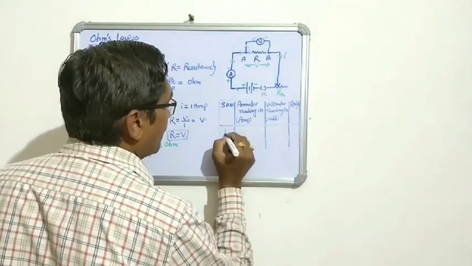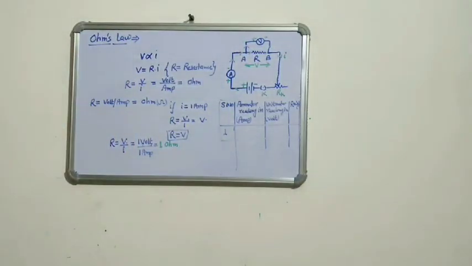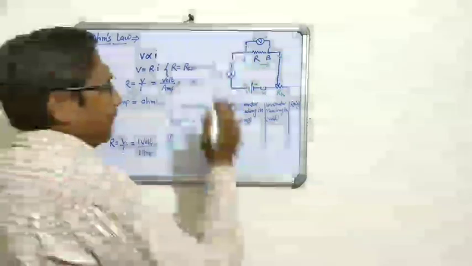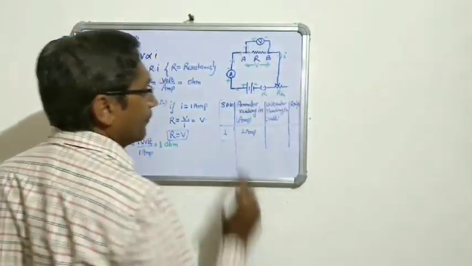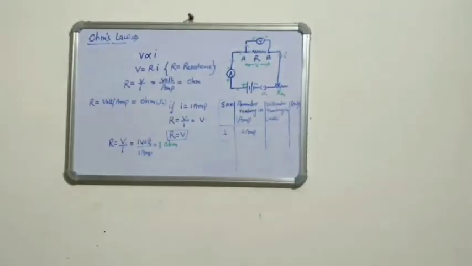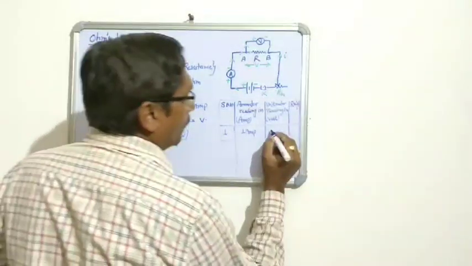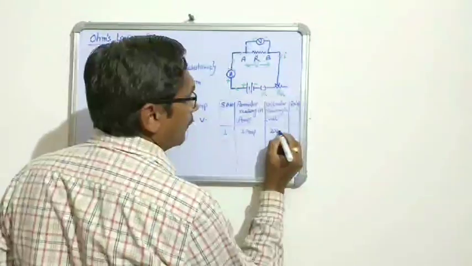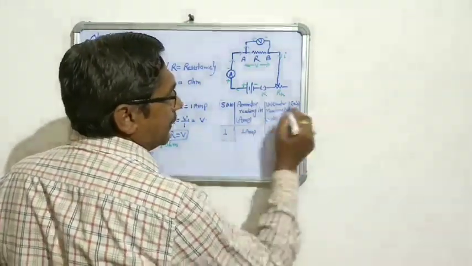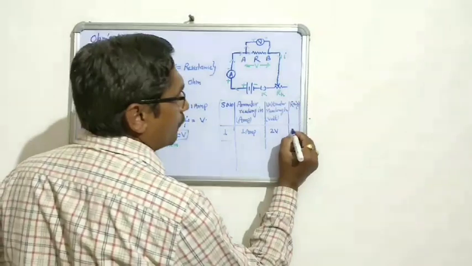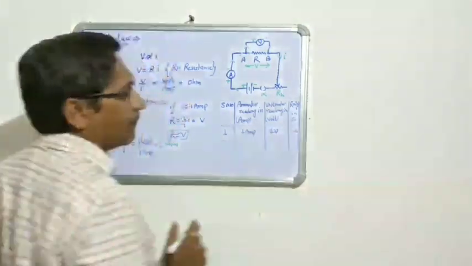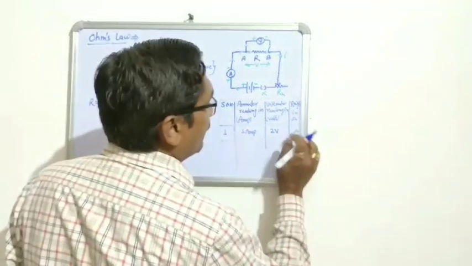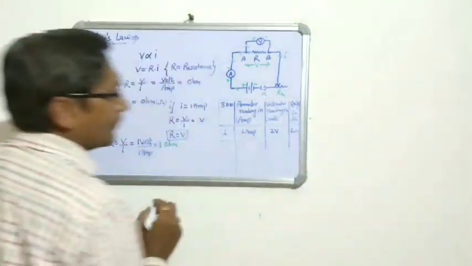Suppose we take one observation first. When we pass 1 ampere current, then the reading of voltmeter is, suppose, 2 volt. Then R equals V by I equals 2 ohm. Unit of resistance is ohm. So it is 2 ohm.